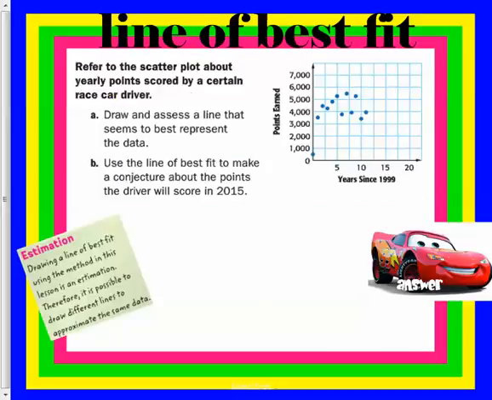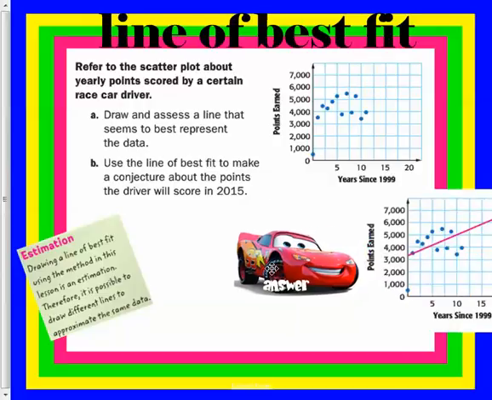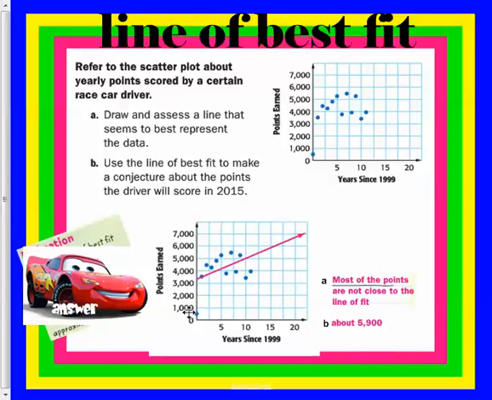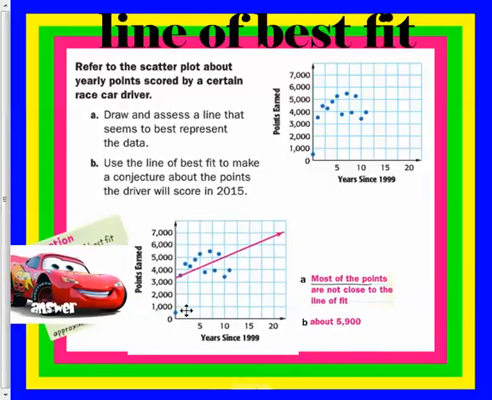All right, so take a look at this scatter plot. Draw a line that best seems to represent the data. Use the line of best fit to make a conjecture about the points. Why don't you take a look at what I have here? The line of best fit, even though it looks kind of like they're clustered, would fall like this. Most of the points are close to the line.